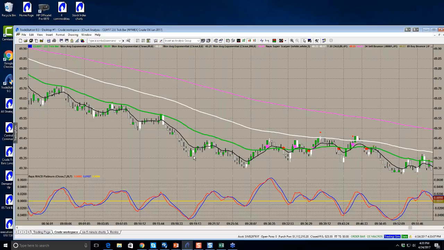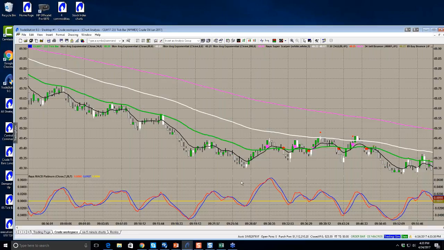And the MACD, as you can tell, set a new low in price. But you can see that the MACD is not even close to setting a new low. That's why the MACD Platinum is very sensitive to indicate a potential change of momentum and therefore a divergence trade.